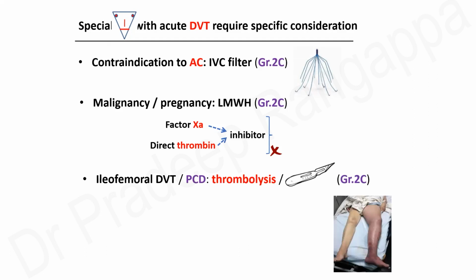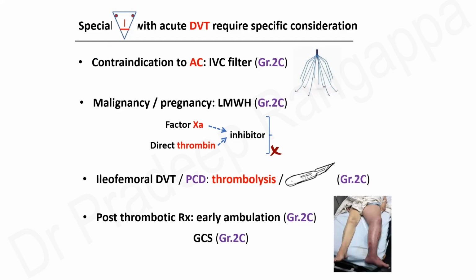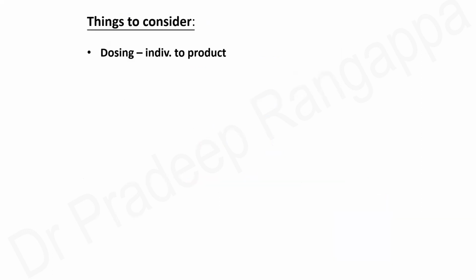In patients with iliofemoral DVT, one could consider thrombectomy or thrombolysis, localized or catheter-guided thrombolysis. After post-thrombotic treatment, there has to be lifestyle modification with early ambulation, and graded compression stockings is something that one could consider. All this gets a weaker recommendation with a low level of evidence.